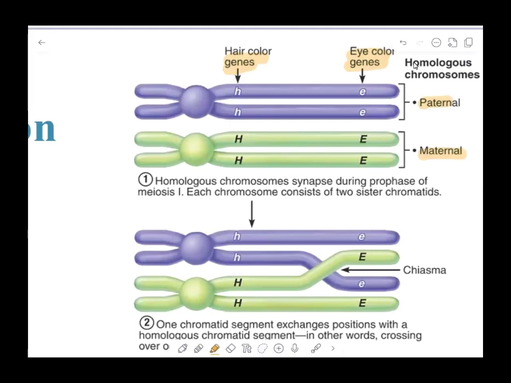You can see that the homologous chromosomes synapse during prophase, remember prophase 1 of meiosis 1, and each chromosome consists of two sister chromatids. So remember, this region here would be called a chromatid.